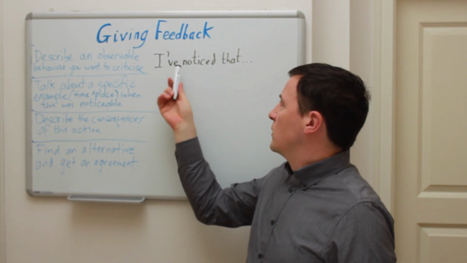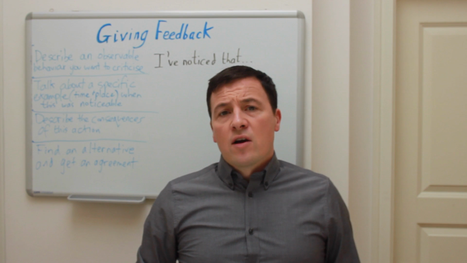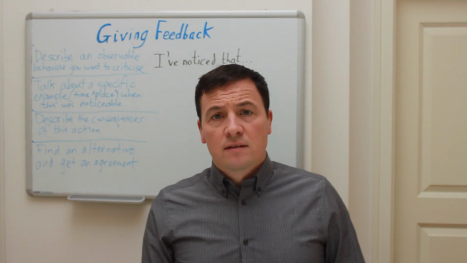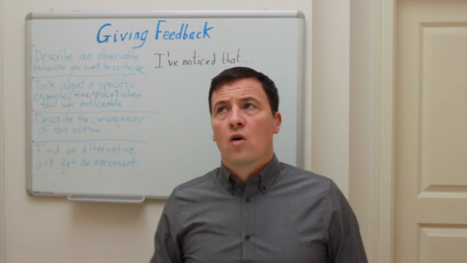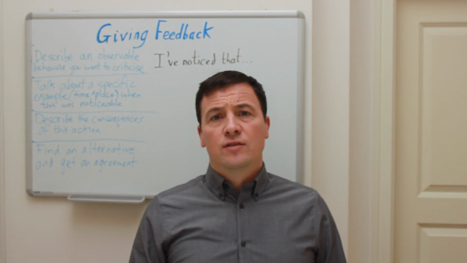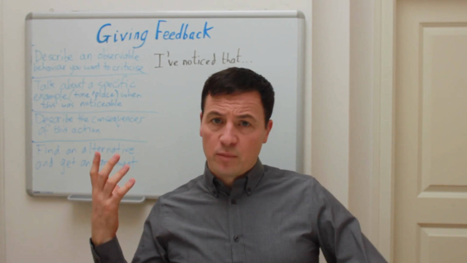So for example, I've noticed that your customer service skills have not been as good as they were before. Or I've noticed that your telephone manner has not been as good as before.